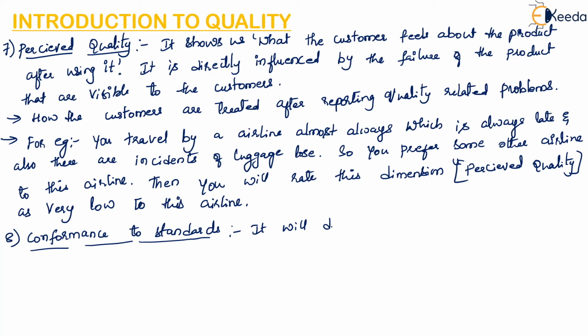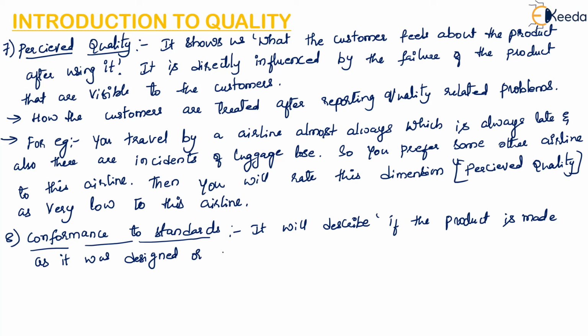So it will describe if the product is made as it was designed, or is it meeting the standard or not. So this topic, that is conformance to standard, we will study in some other form, that is quality of conformance, later. The next dimension is service quality.